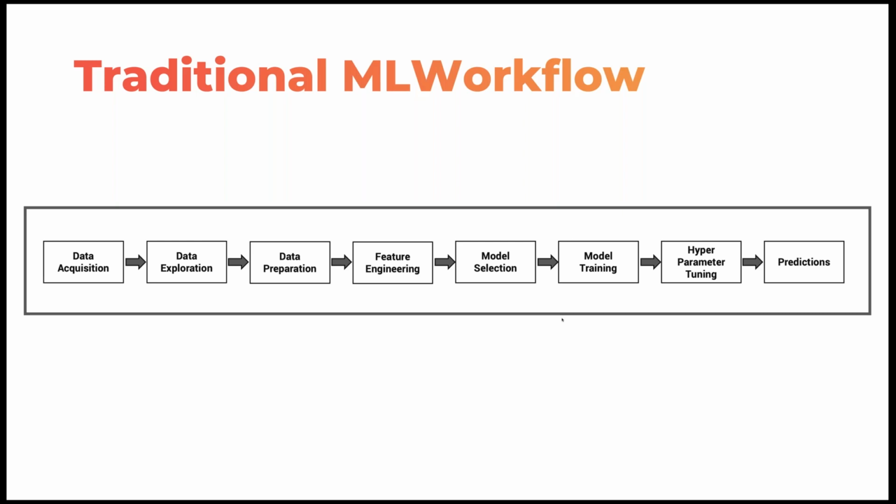And then there is another important step called hyperparameter tuning, where it is further optimized. The model, which is an outcome of data plus algorithm, is further tuned to make sure that it is predicting accurate results.